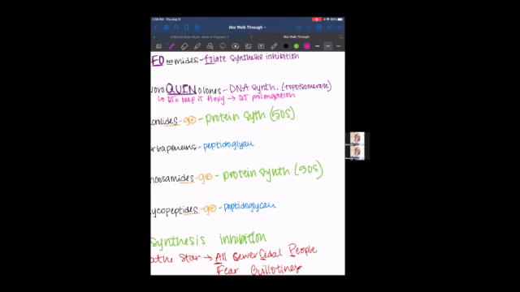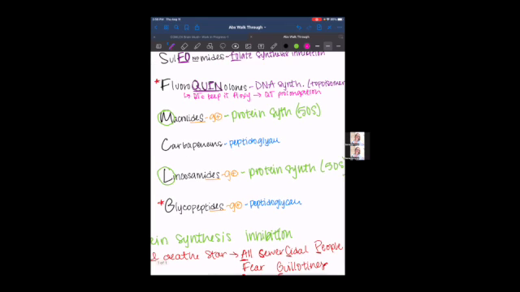And then we've got our bones without tendons, which means tendon rupture.